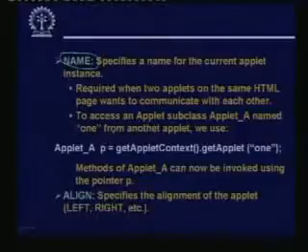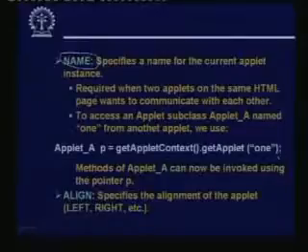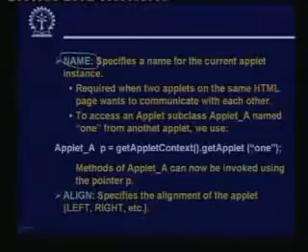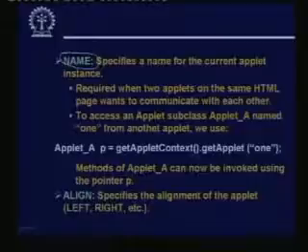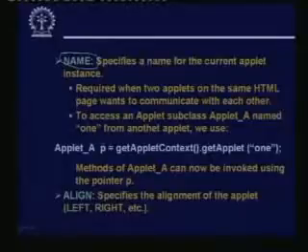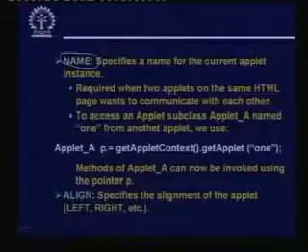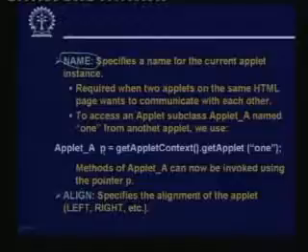From some other applet on the same page, we can write a statement like this: getAppletContext().getApplet(name of the applet). So, here we can get hold of the applet which we are wanting to access, we are assigning it to a variable p of type applet_a. Now, using this p, we can access any public methods or public attributes of this applet1.